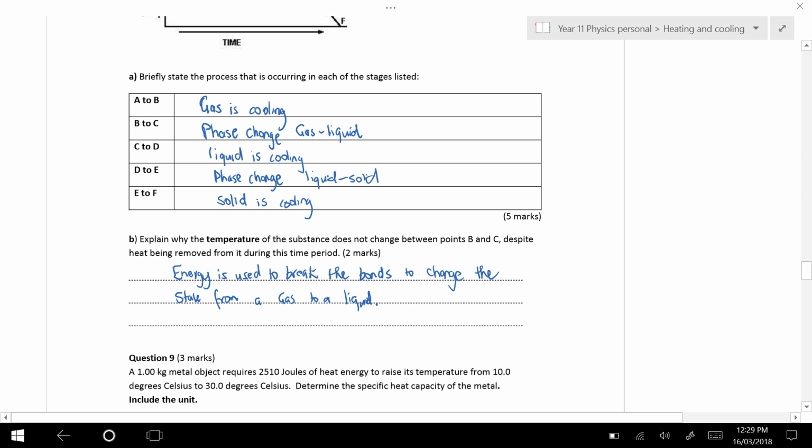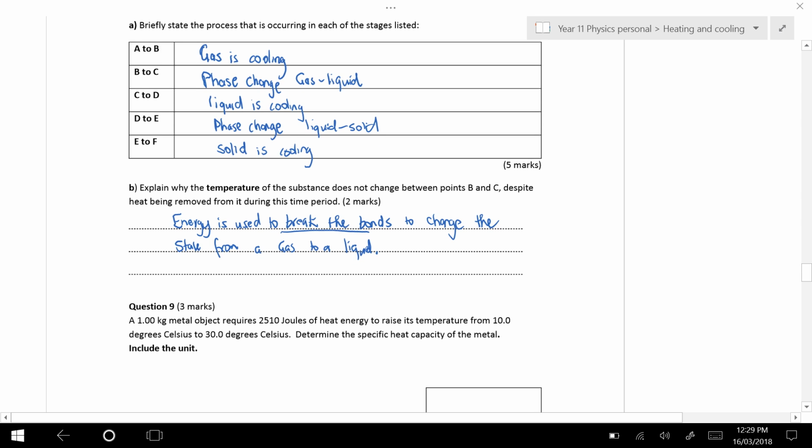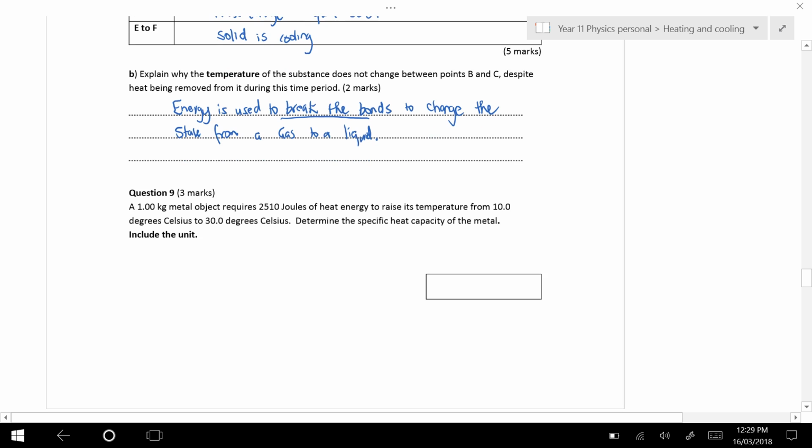So that's pretty much all you need for the 2 marks: mentioning that you're breaking the bonds and mentioning that it's changing state. You could also talk about how after the state changes, the temperature decreases in this case.